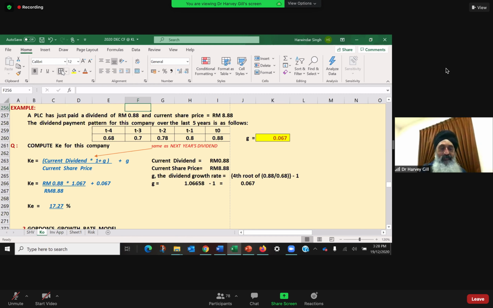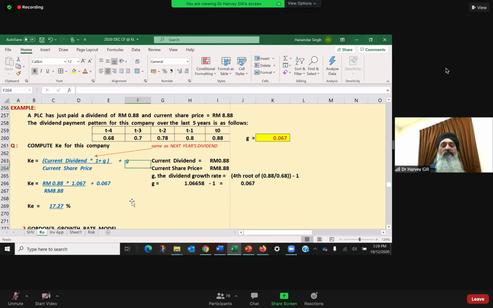And so Gordon said, this is not right. You are taking past dividend history and assuming that this will continue in the future. What you should do is ask yourself, what is the capacity of this company? What is the ability of this company to continue paying good, healthy dividends into the future?